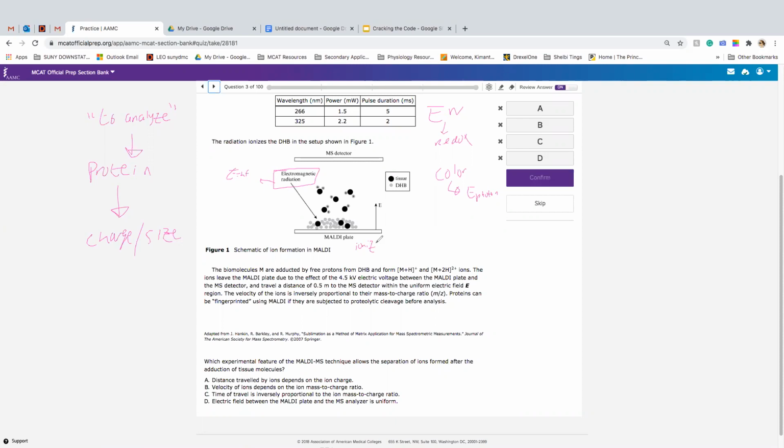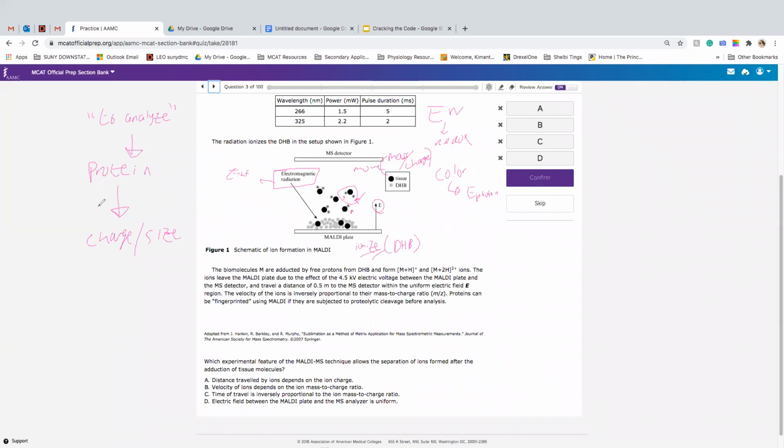We already talked about it ad nauseum, all the concepts captured in the idea of ionization. Once you ionize that DHB, you're going to release a couple protons, which are going to stick onto a protein. Now you've got charge around that protein, and then you're going to accelerate it through an electric field. It's going to move towards this other beam. But how fast those little chunks of protein get there is going to depend on how much mass each protein had, and whether it had one or two or more positive protons, or charge.